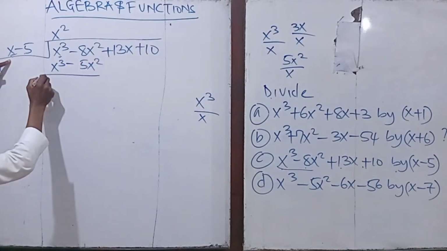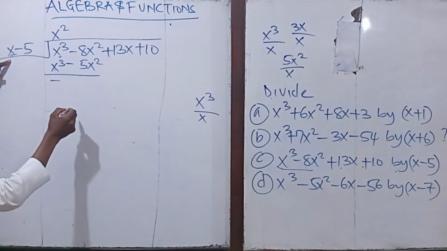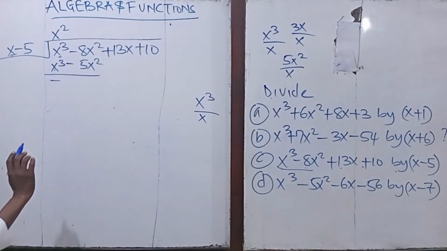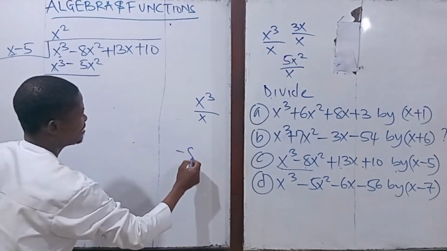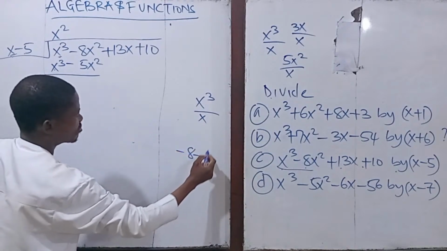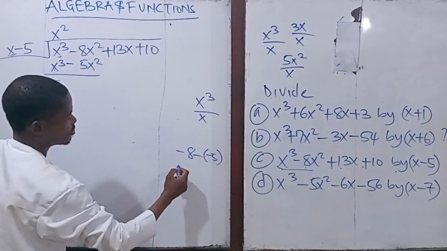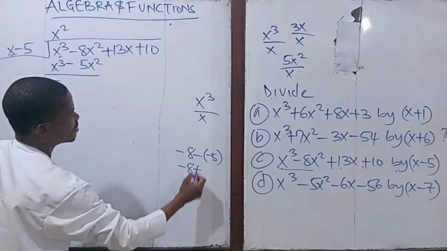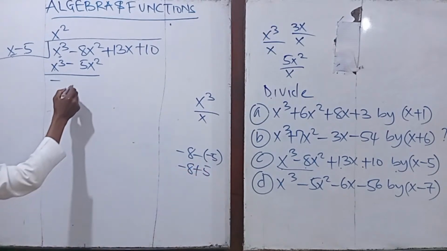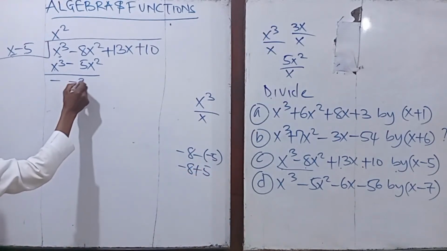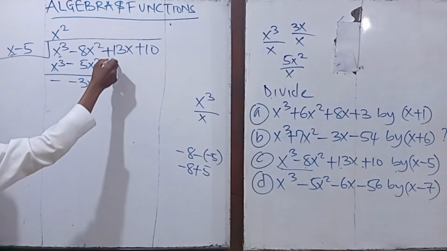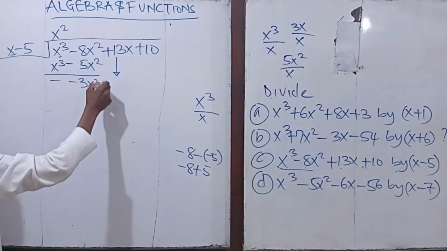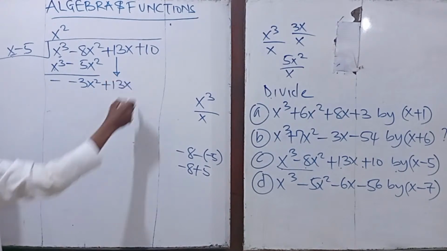Then you do your subtraction. This minus this 0, and then you need to be very careful here. You have minus 8 minus minus 5, so that becomes minus 8 plus 5, and that's minus 3x squared. Then you bring the next item down, plus 13x.